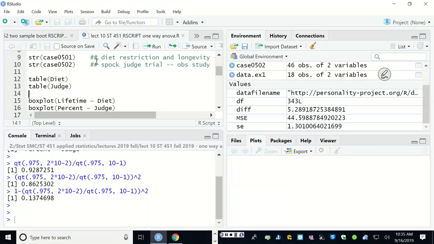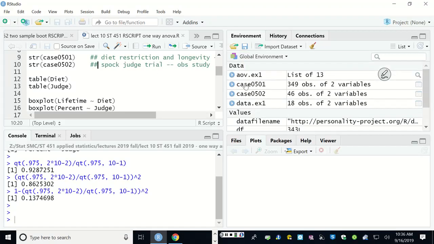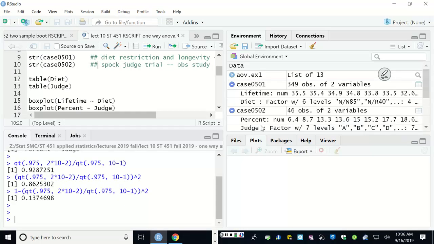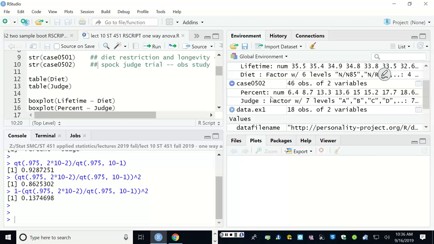The two data sets in this chapter 5: one has 6 different diet schemes and some lifetime measurement, a numerical measurement. The second one has 7 different judges.